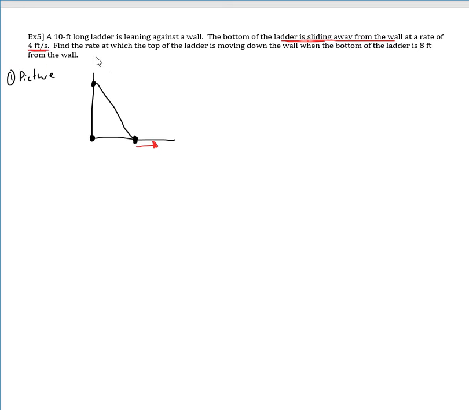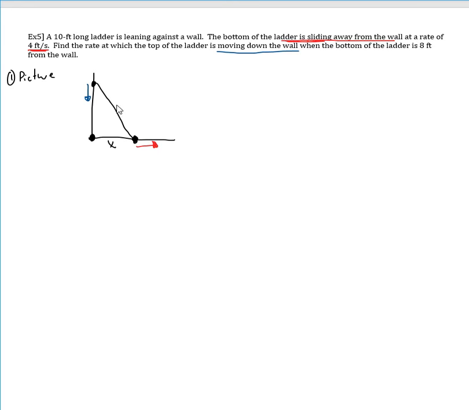And then it's saying find the rate at which the top of the ladder is moving down the wall. So moving down the wall would mean that it's sliding down that way when the bottom of the ladder is exactly 8 feet from the wall. With my picture, I'm going to do my variables. From the base of the wall to the base of the ladder, I'm going to call x.